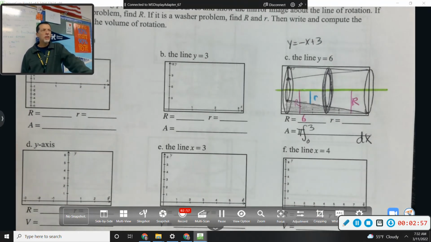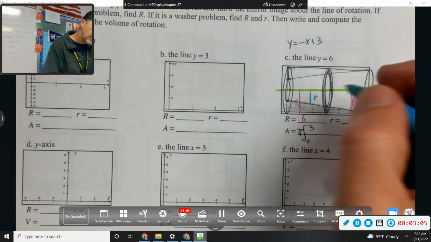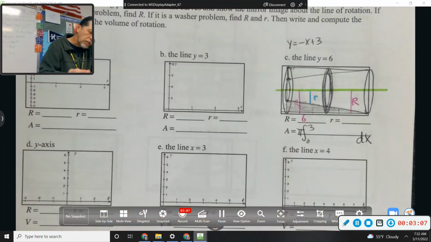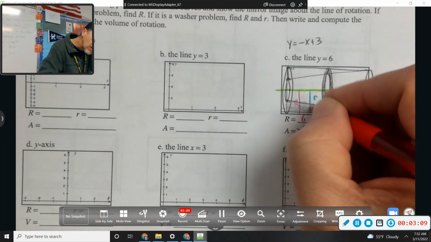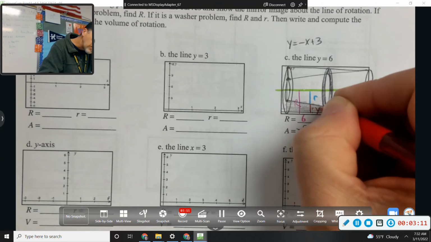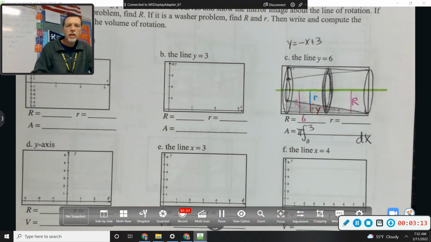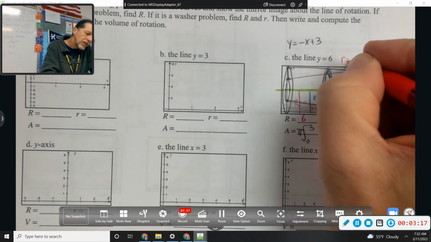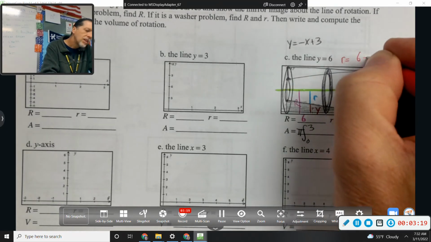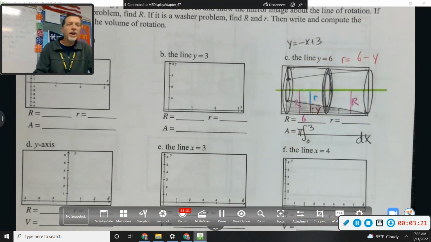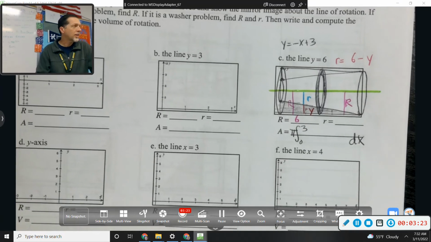Ooh, but little r is not measured from the x or y axis, so I'm going to have to do some rearranging things to get what little r is. Because from the axis, that's the y value right there. So what's little r equal to? 6 minus y. That's a good place to start. It's not the final answer, but it's a good place to start.